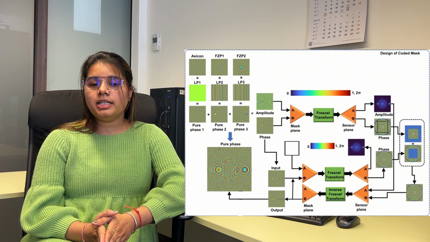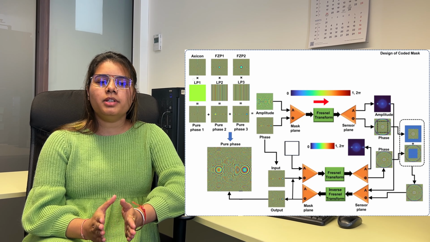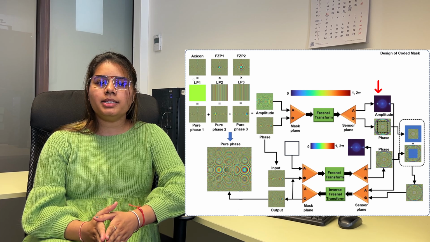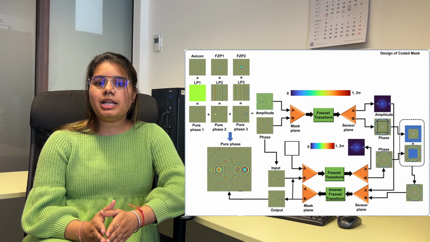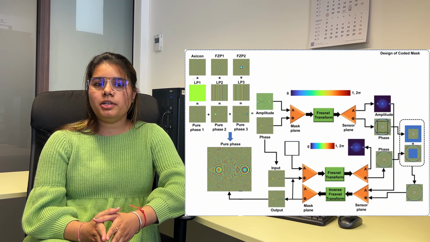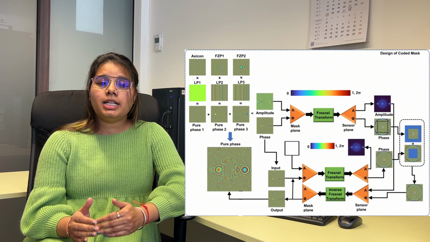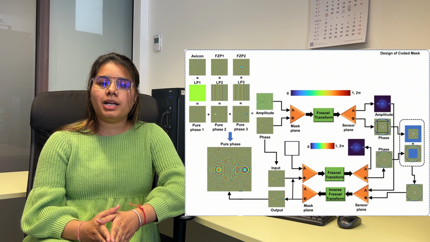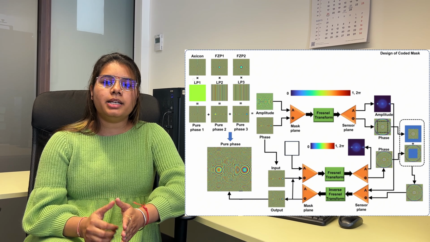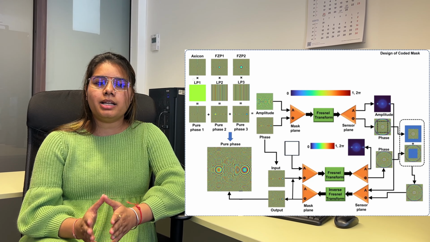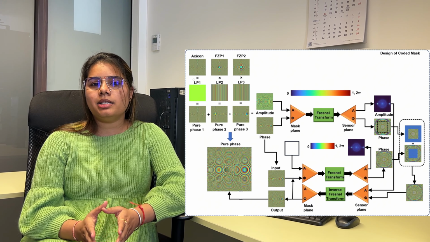The resulting complex function is numerically propagated from the mask plane using a Fresnel transform to the sensor plane, and the resulting complex amplitude is the ideal function at the sensor plane. The TAP GSA begins at the mask plane with a uniform amplitude and a phase extracted from the phase of the ideal complex function. The resulting complex amplitude at the mask plane is propagated to the sensor plane using a Fresnel transform, and the resulting amplitude is replaced by the ideal amplitude calculated at the sensor plane for the ideal complex function at the mask plane.